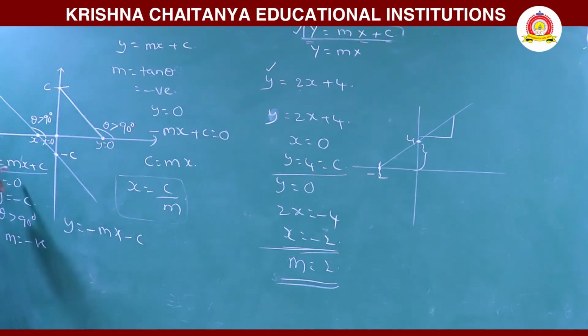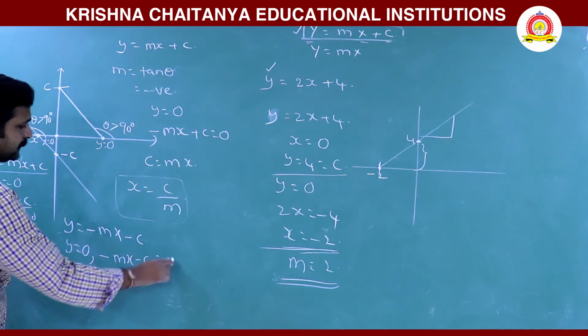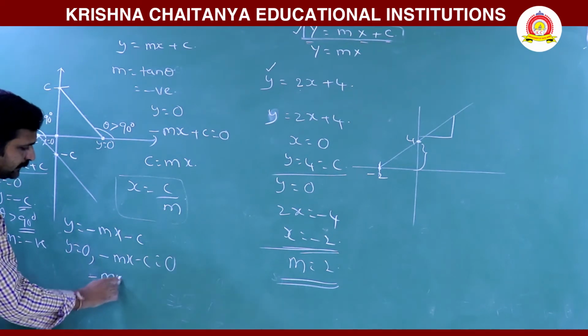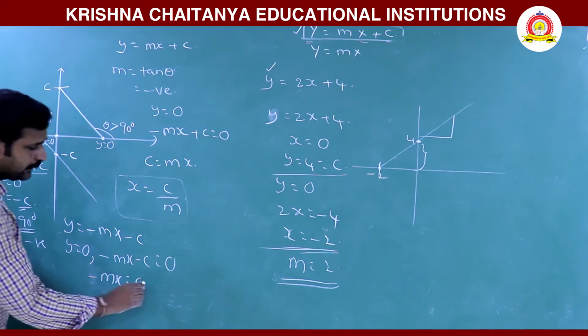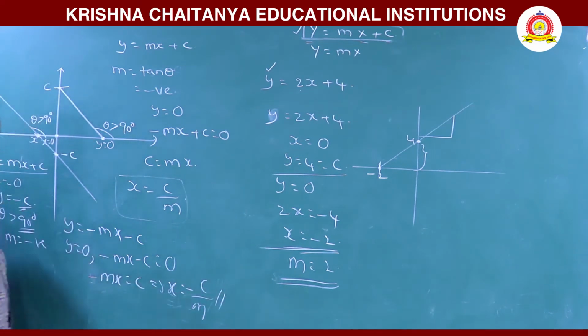Otherwise, if we know the slope and y intercept, we can determine where it will intercept the x axis. Putting y is equal to 0, we get minus mx minus c is equal to 0. Now minus mx is c, so x is minus c by m. That means the x coordinate is negative.